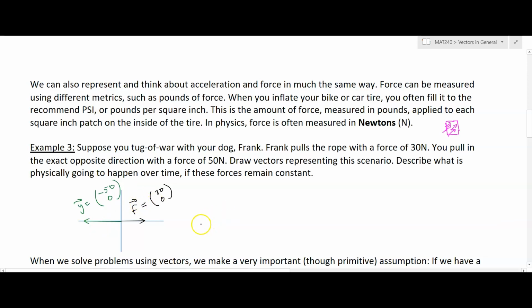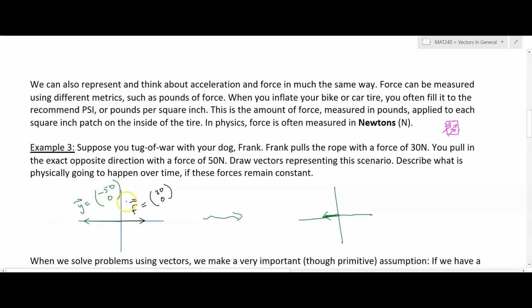Now, what we might speculate here is, since you're pulling harder on that rope than Frank, if we represented the net force, we might think that in net, you're going to be pulling that dog in the western direction. You're pulling with a stronger force, and it seems like that net force would be 20 newtons, since the 30 newtons would cancel each other out.